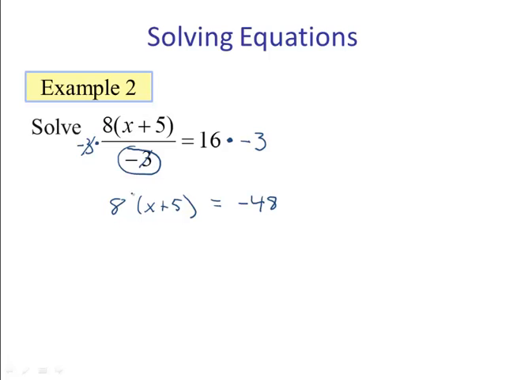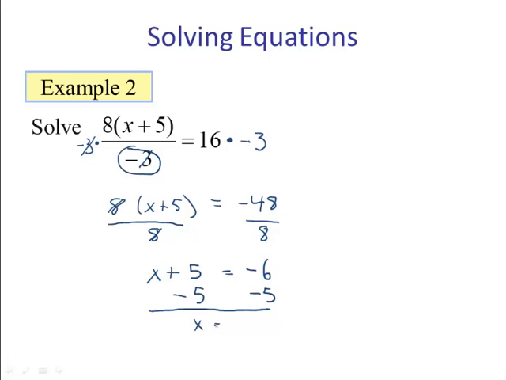We could distribute, but we can also divide. So the 8's cancel. Negative 48 divided by 8 is negative 6. And lastly, we want to minus 5. And that leaves us with x is equal to negative 11.